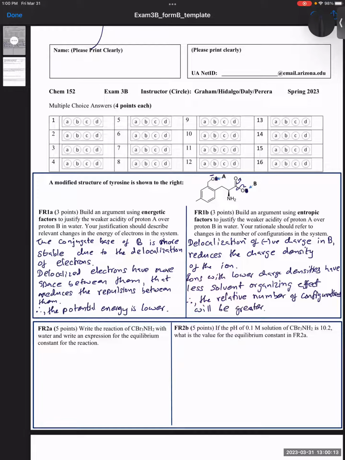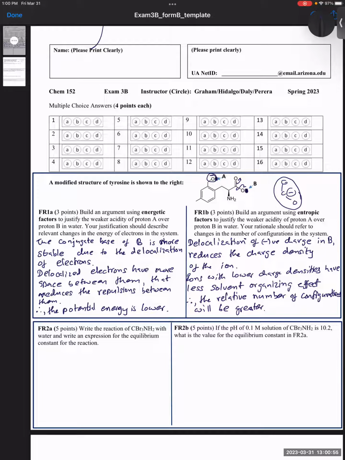So the idea is in both cases, ions have a solvent organizing effect, which reduces the number of configurations. However, because the charge is delocalized in B, the same negative charge is spread out between 3 atoms in B. As a result, it's going to have a lower charge density, and that is going to have a lesser solvent organizing effect, and therefore the decrease of number of configurations is less in B compared to A, where the charge is more localized.